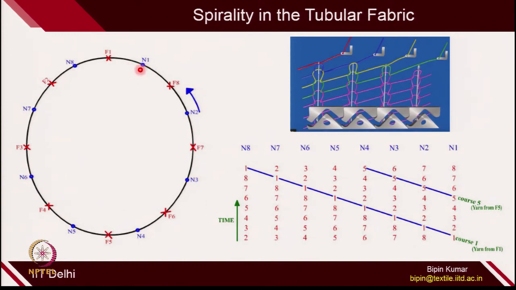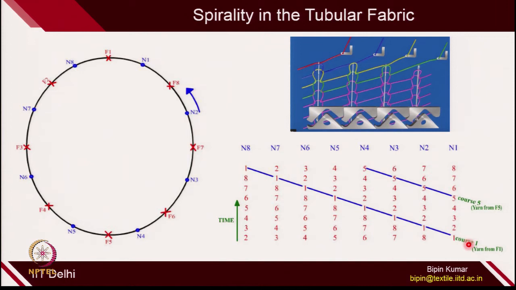After a certain time, this N1 needle will cross and pass through feeder number 1, and it will reach feeder number 2. So, the second time, needle number 1 will be making loop from feeder number 2, but feeder number 1 will be providing the yarn to needle number 2.